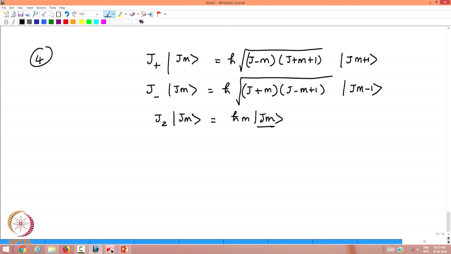This is an eigenfunction for the z operator, but it is not an eigenfunction for the plus and minus operators.